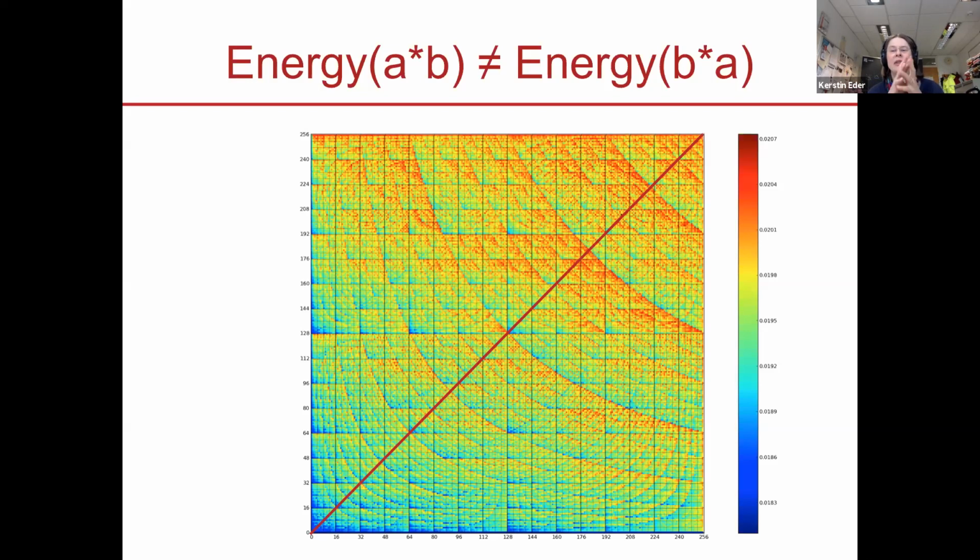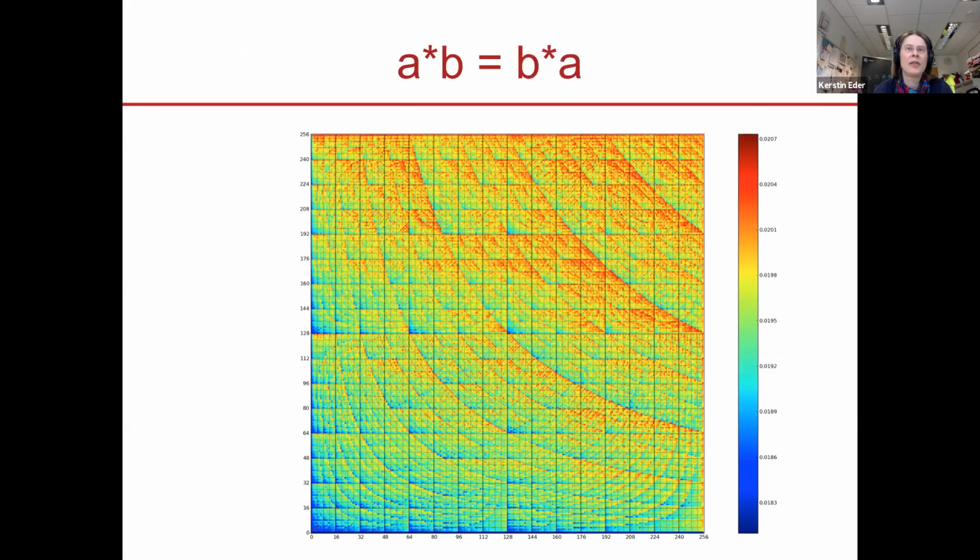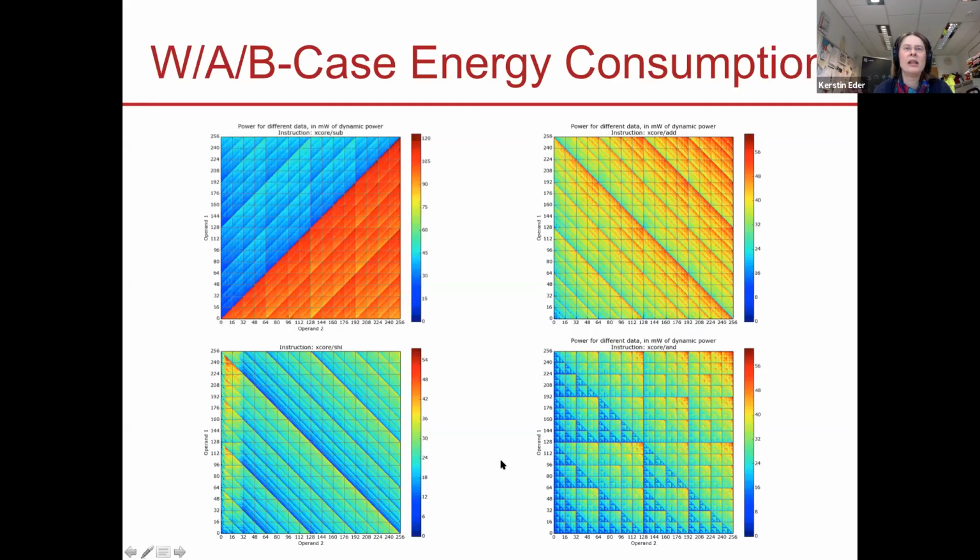Joseph has an interesting question: couldn't the worst case energy just be determined by taking the most red regions for each instruction? That's a good idea. So let me go back and say, okay, for my worst case energy model, I'm going to pick the reddest point in each one of the instructions and make that the worst case.